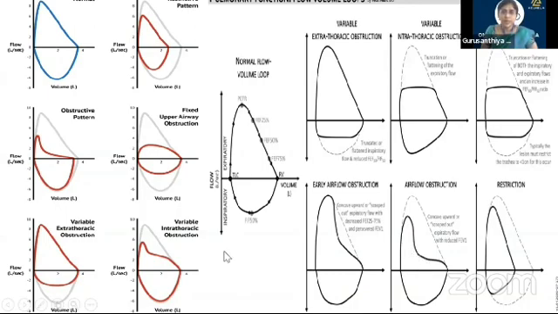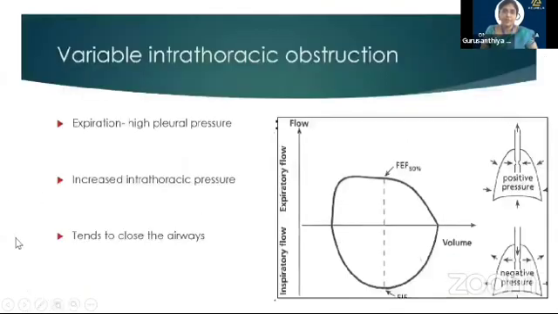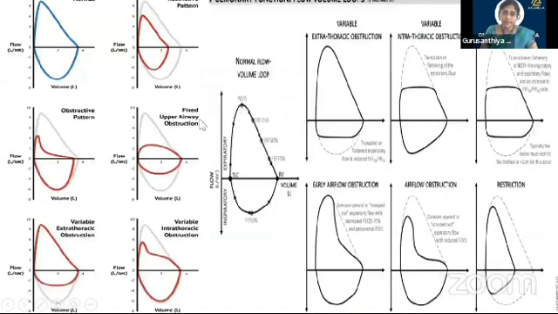Coming on to the next graph, where there is a fixed upper airway obstruction. Whatsoever the obstruction is, it is there for both inspiration and expiration. So there is going to be a truncating or flattening appearance of both the inspiratory curve as well as the expiratory curve.